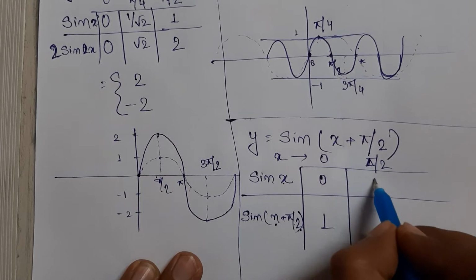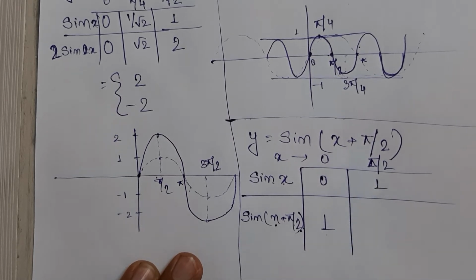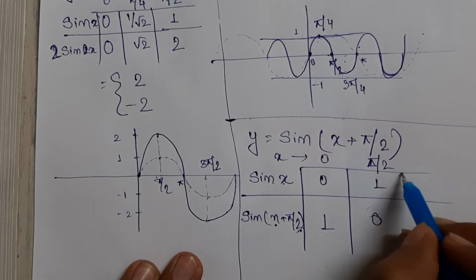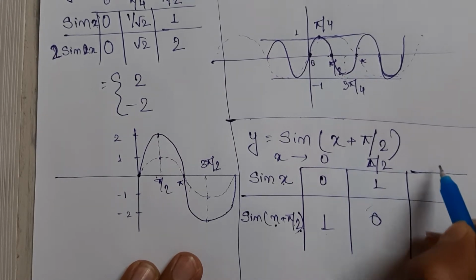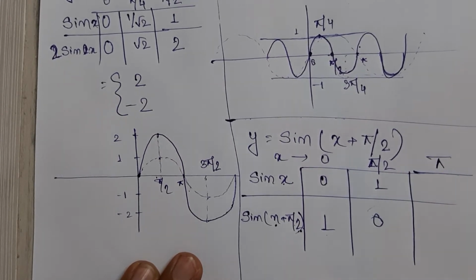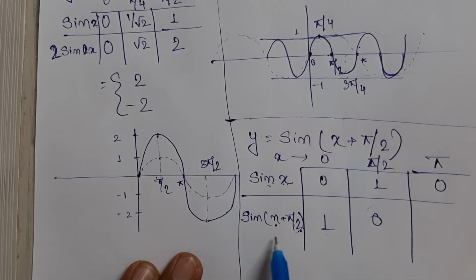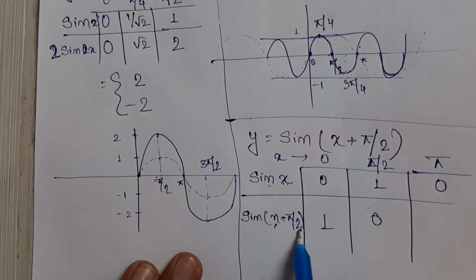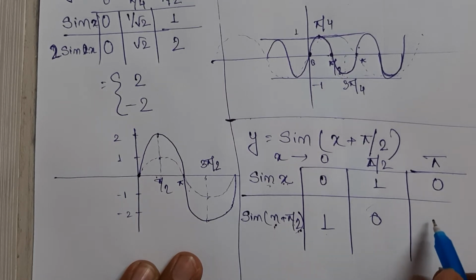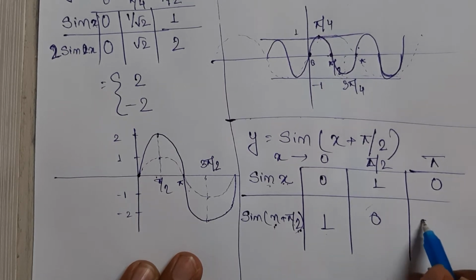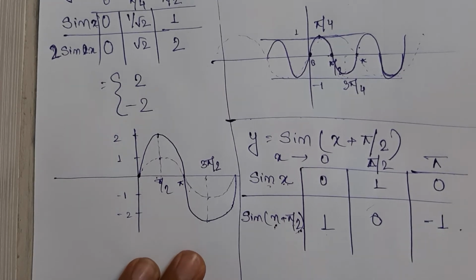For x equal to pi by 2, earlier it would give 1, now it would give 0, right? Now let us see for x equal to pi. For x equal to pi, it would give 0 when it was sin x. Now it would give pi plus pi by 2, right? Means it will give 3 pi by 2, and sin of 3 pi by 2 is minus 1.